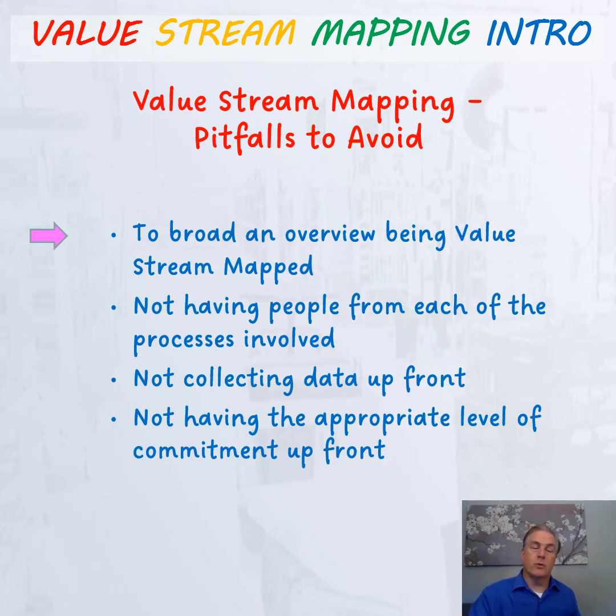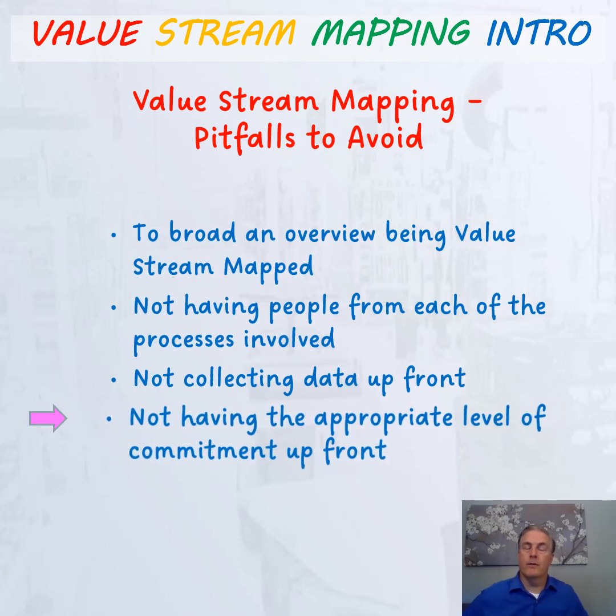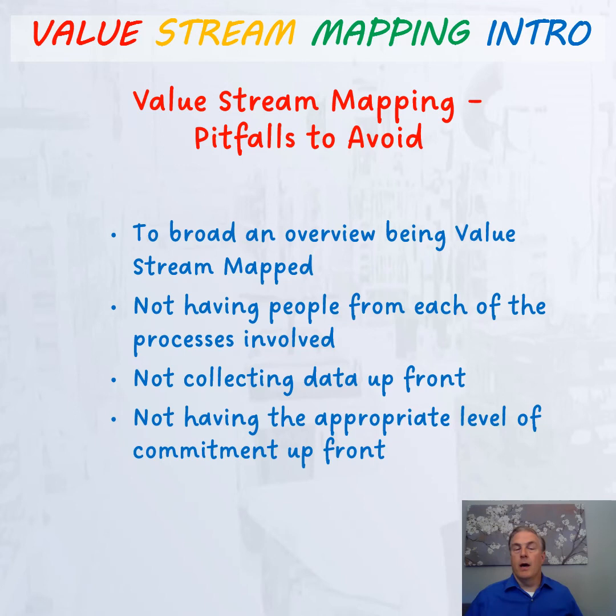And then the last one, we talked about this, is really not having the appropriate level of commitment up front. If you don't have somebody that's going to say, we are doing this, this is the direction we're going in, it's going to be an uphill battle, and you can lose the momentum you have by not having that level of commitment.